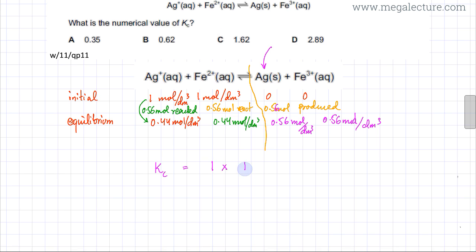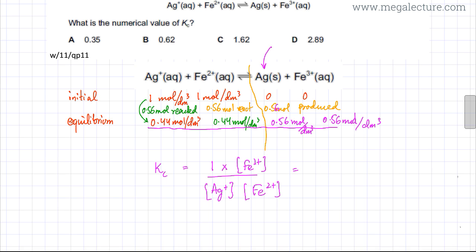So it's the concentration of Fe3+, that's your other product, divided by the concentration of reactants, which in this case is the concentration of silver ions times the concentration of Fe2+ ions, and the values to be used are the values given over here.